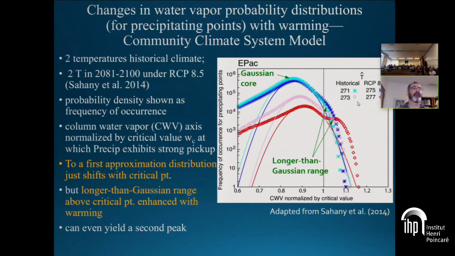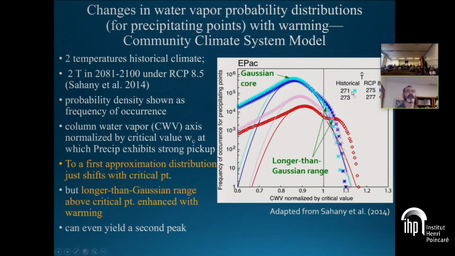So remember, in the models in current climate, we have these funny double bumps sometimes at high temperature. This is a different example of a PDF of water vapor relative to its critical value. It's a slightly different measure of the critical value. For two cases, one is a historical run and one is a representative concentration pathway 8.5 global warming run.